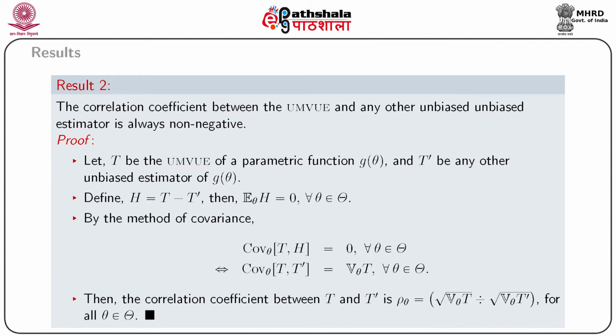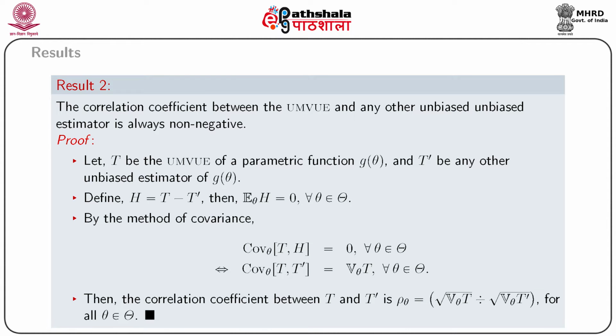Next, we consider the second result. Result 2. The correlation coefficient between the UMVUE and any other unbiased estimator of g(theta) is always non-negative. Proof. Let T be the UMVUE of g(theta) and T dash be any other unbiased estimator of g(theta).